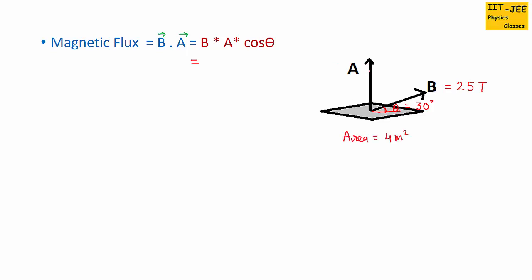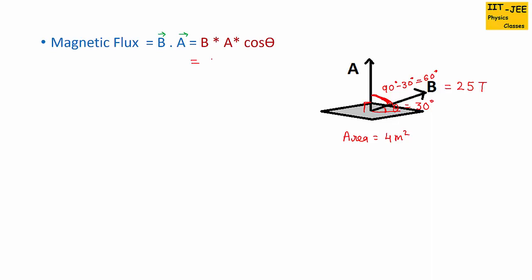Just keep in mind one thing here, that the direction of the area vector is always perpendicular to the plane. Like this is the plane, the plane is horizontally placed here, so the area vector would be vertical, at 90 degrees from the plane. So the angle between the area vector and magnetic field would be 90 minus 30 degrees, which would equal 60 degrees. So the angle here is actually 60 degrees.